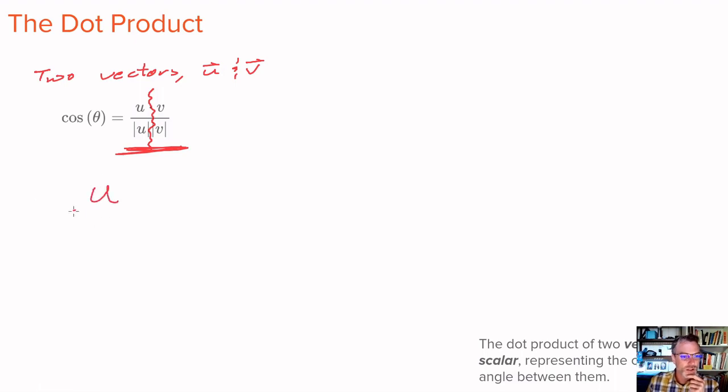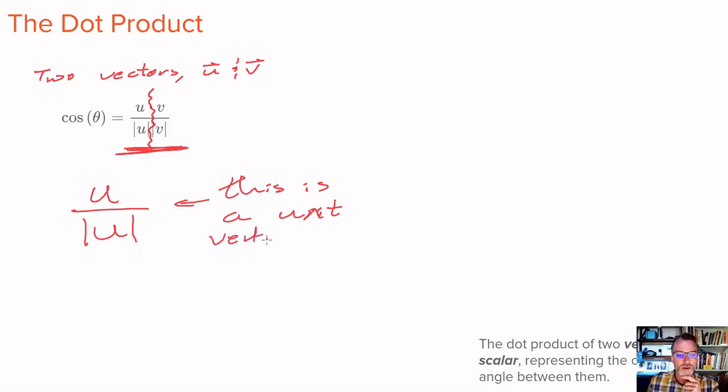Well, I've got u divided by the length of u, and v divided by the length of v. If you remember what that is, this is a unit vector, a vector of length 1, in the direction of u.